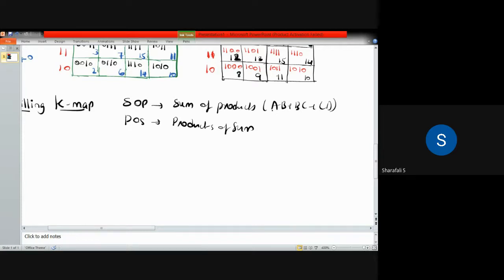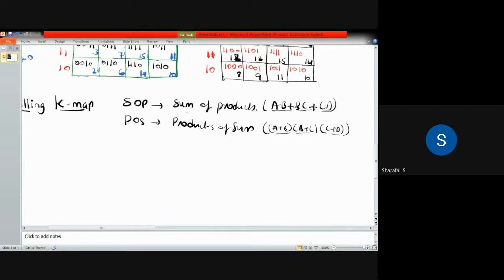These are the products A B, B C, C D, and they are summed. This is a summation of the products. There are different product terms, and they are summed. Here we have product of sums, that is A plus B into B plus C into C plus D, like this. So this is taking the product of each of these sum values.